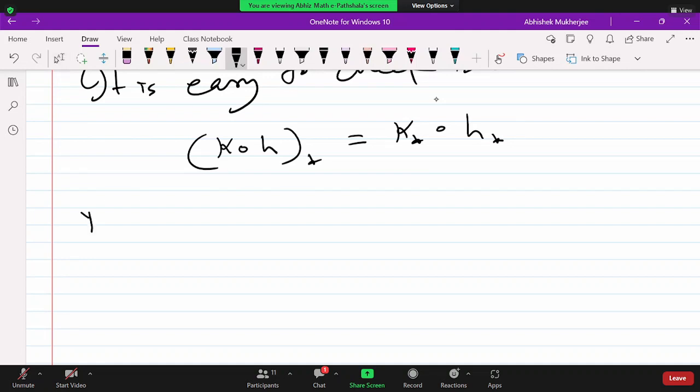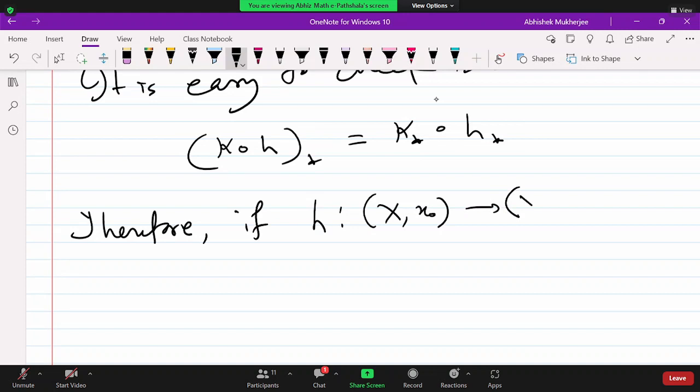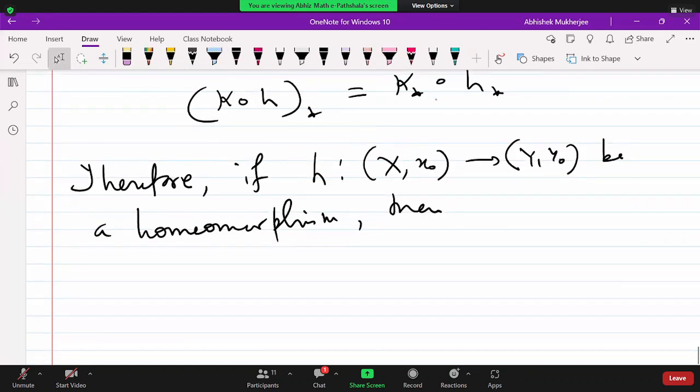So therefore, if h happens to be a homeomorphism, having satisfied that h of x naught is y naught, then what will happen? Since it is a homeomorphism, you have a continuous inverse, which is k, from Y, y naught to X, x naught, right?